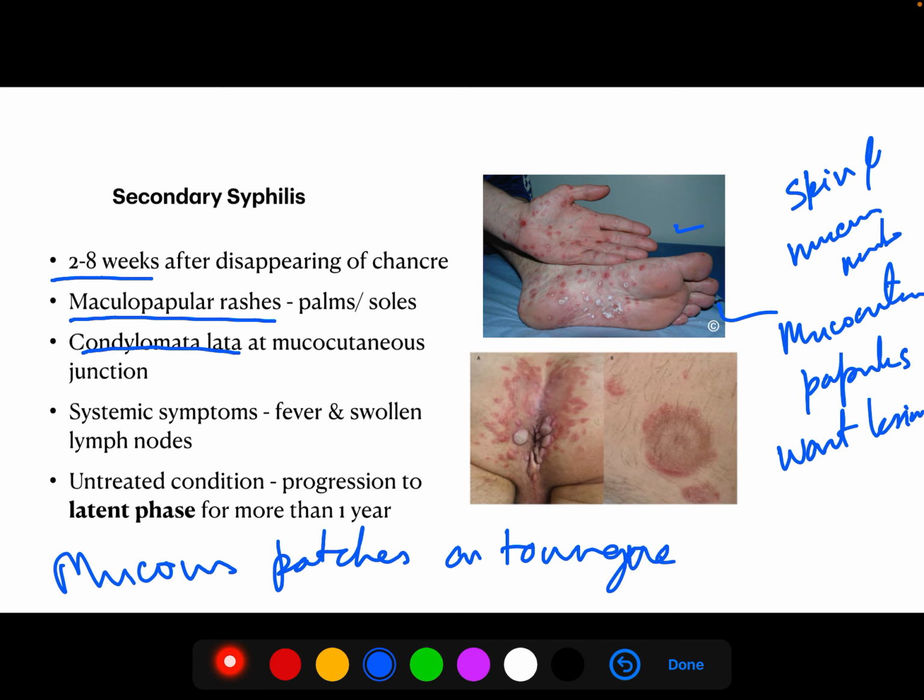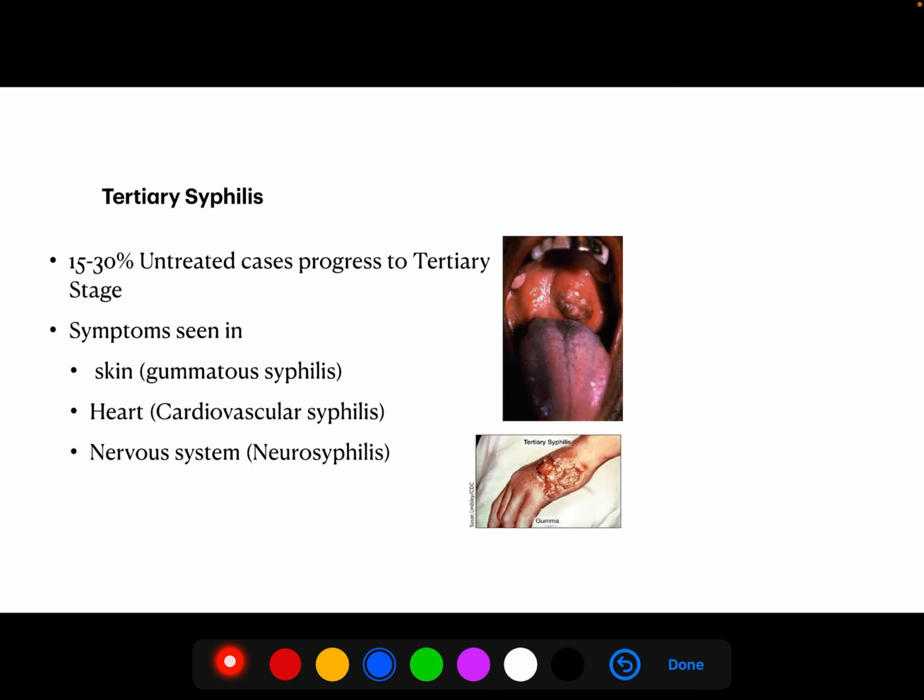They are seen on the tongue, which is due to the mucosal erosions. And this is accompanied by systemic symptoms such as fever and swollen lymph nodes. Untreated conditions progress to the latent phase, and this occurs for more than a year.